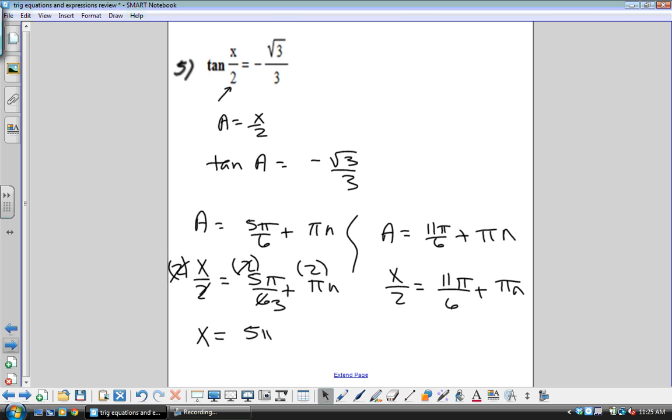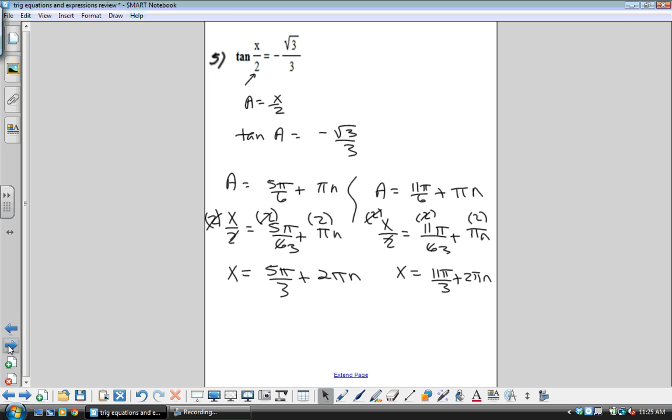So I'll get 5 pi over 3. And then 2 times pi n is 2 pi n. Okay, basically the same thing over here. Those go away. So 2 goes into 6 3 times. So that'll be 11 pi over 3 plus 2 pi n.